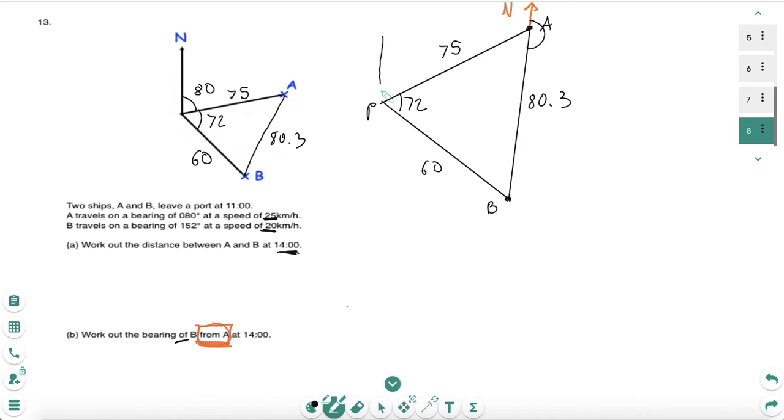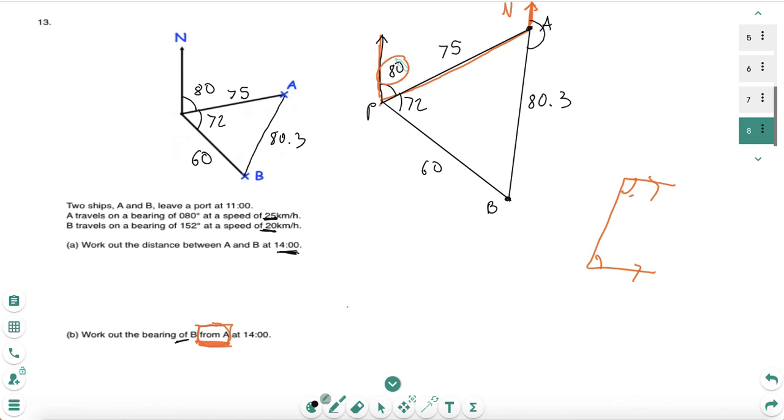I know this is also 80. First things first, I know that these two north lines are parallel lines. Do you guys know what the allied angle rule is, the C rule? If you have two parallel lines and they form a C shape, like this, the angles inside a C add to 180.